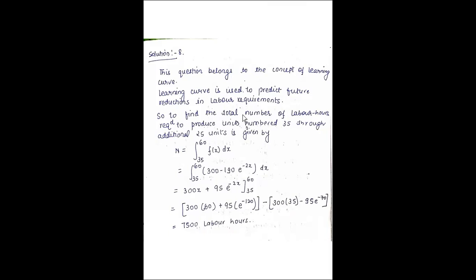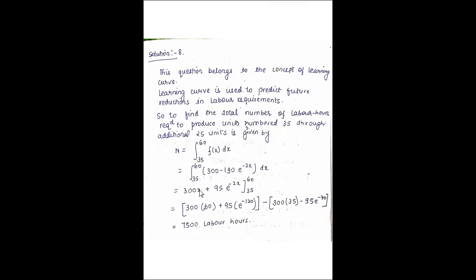So to find the total number of labor hours required to produce units numbered 35 through additional 25 units is given by. So 35 to 60, 25 plus 35 will be 60. So 35 to 60, the area bounded by the function f of x will be this. This is given function f of x, 300 minus 190 e to the power minus twice x. Now integration, 300 will be constant.